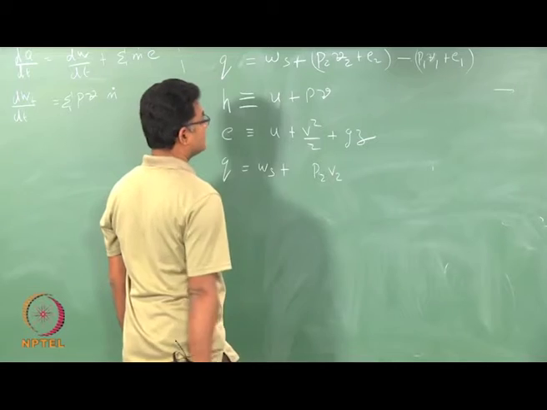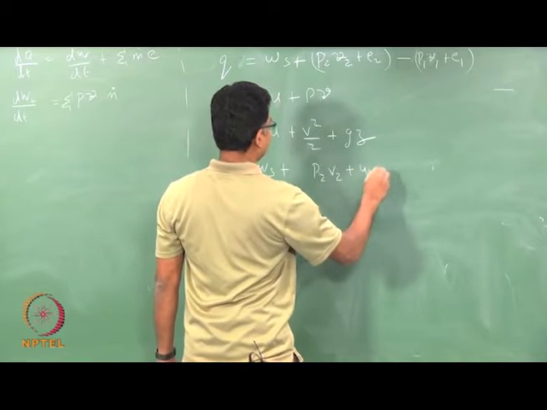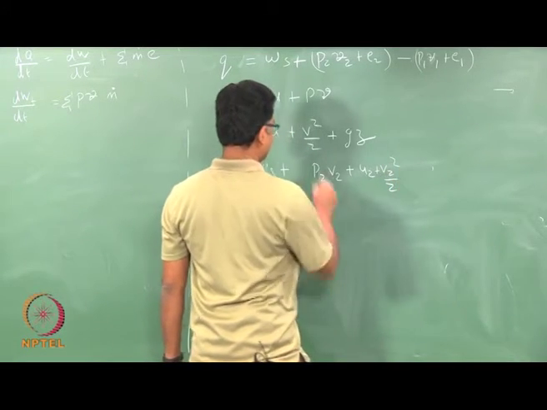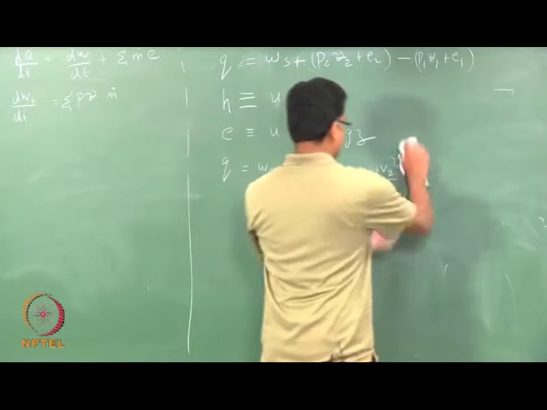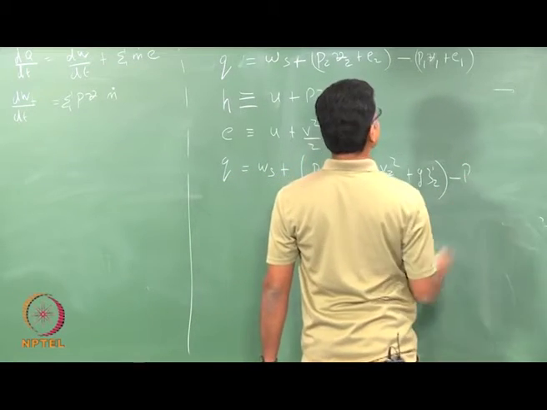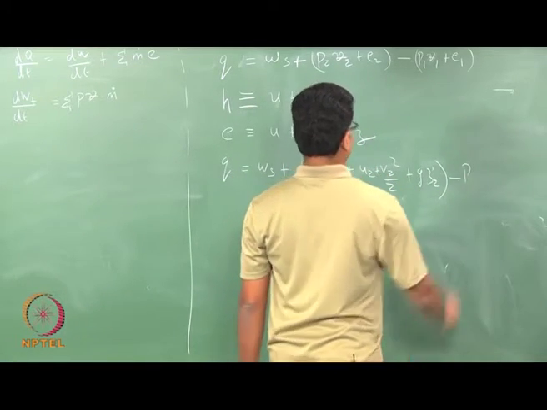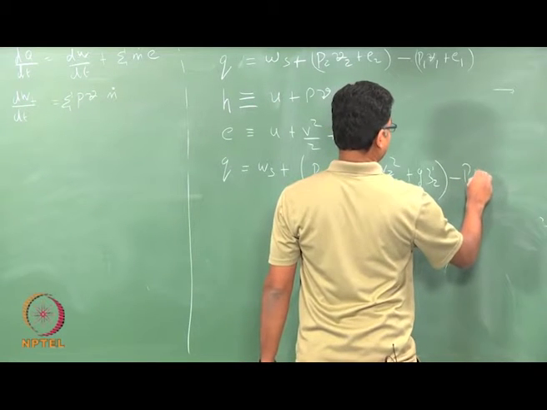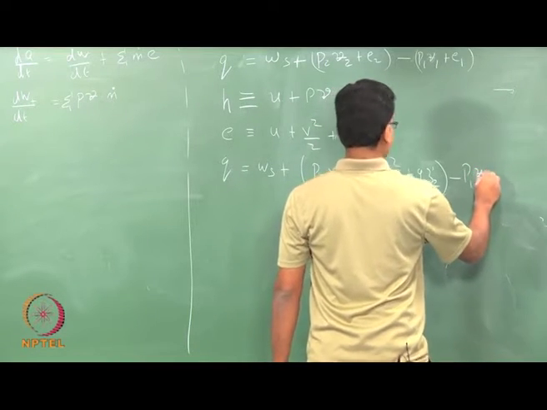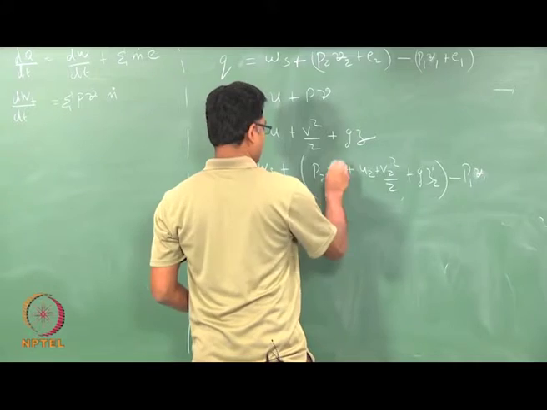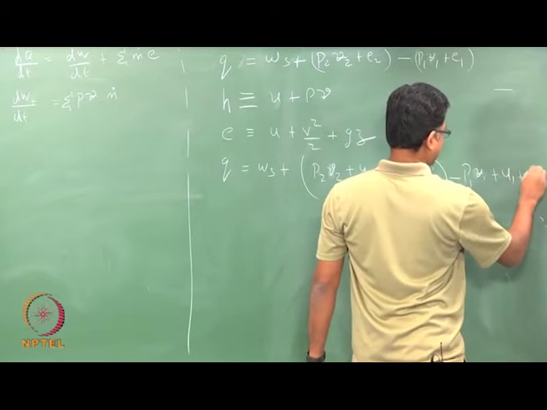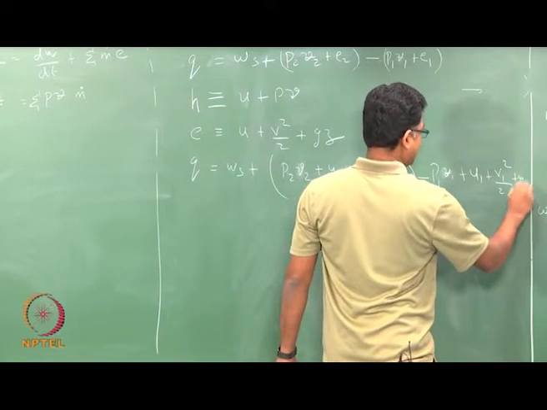P2 V2, E2 is U2 plus V2 square by 2, plus g Z2, minus P1 v1 plus internal energy U1 plus kinetic energy V1 square by 2 plus g Z1.